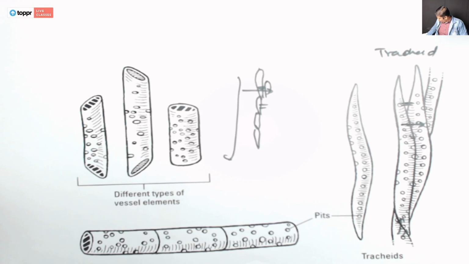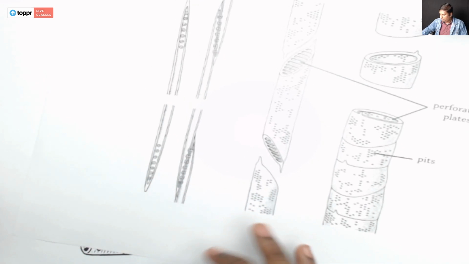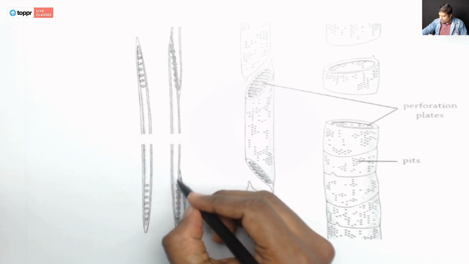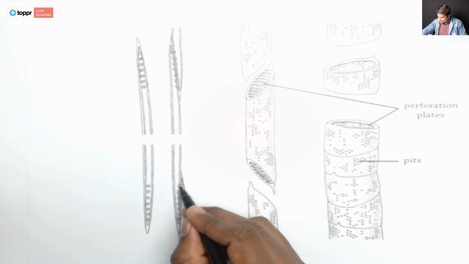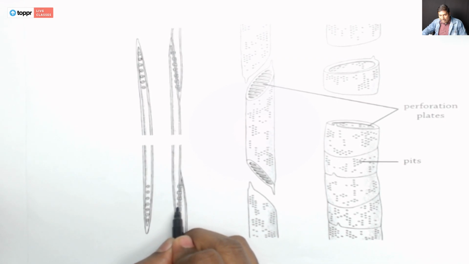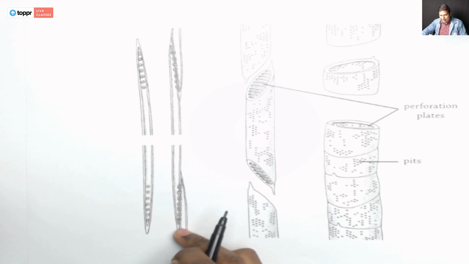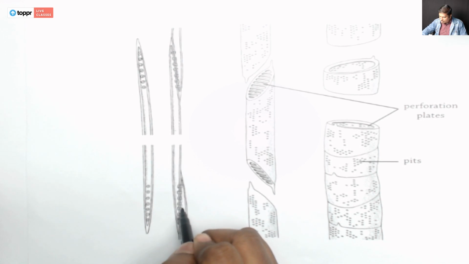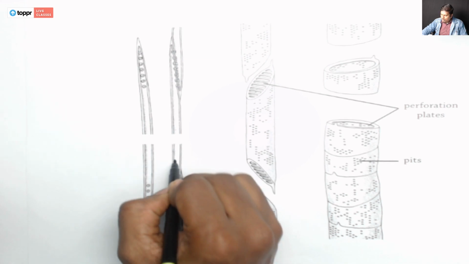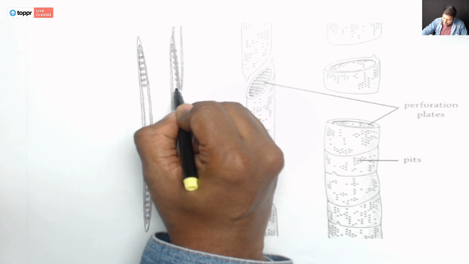Let me show you another image. You see the tracheids, this is one tracheid and this is another, which are connected by pores that are exactly aligned here. The end to end connection is there, and the water can simply pass from this tracheid through the pores into the next tracheid, and through the pores into the next.